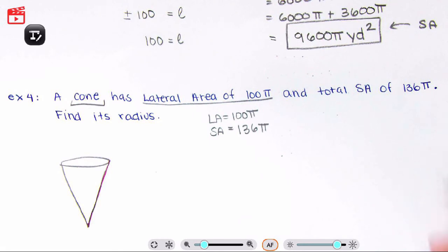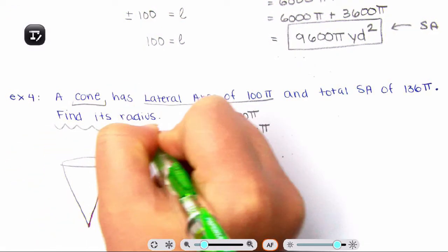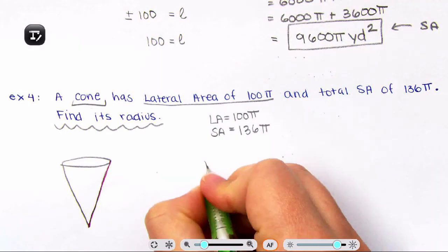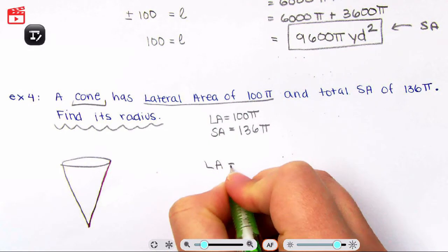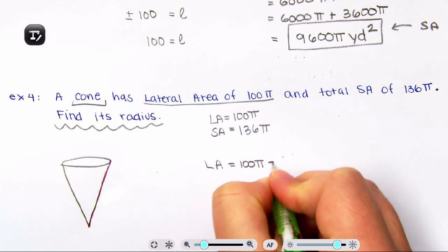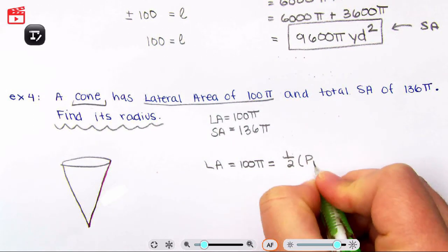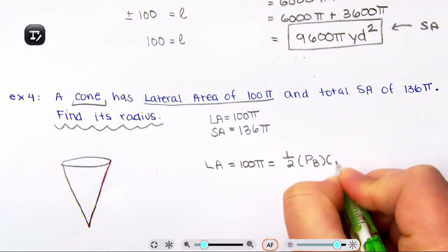And we want to find the radius. So we want to find r. This is a little bit of a backwards problem because we're not trying to solve for lateral area, we're not trying to solve for surface area, we're trying to solve for the radius, which is used in both. So let's start with the formulas. We know lateral area is 100 pi, and we also know that lateral area is 1/2 times the perimeter of the base times our slant height.